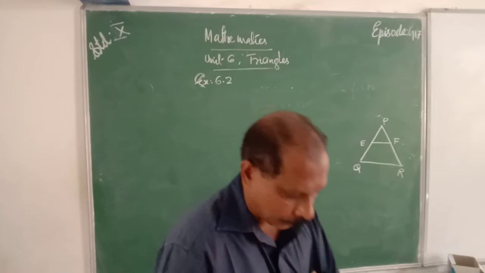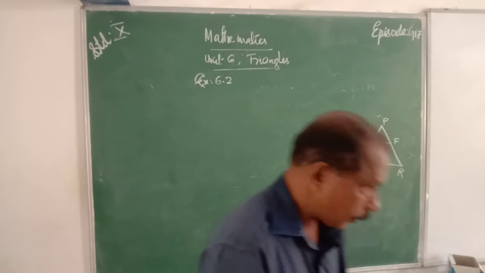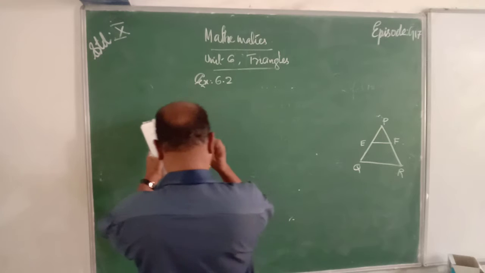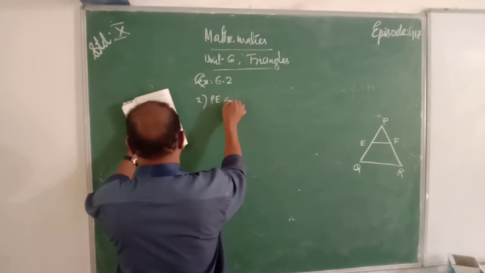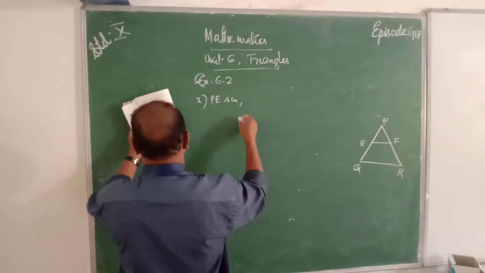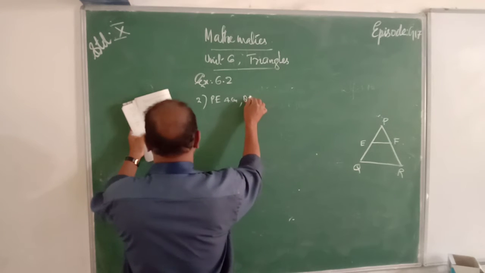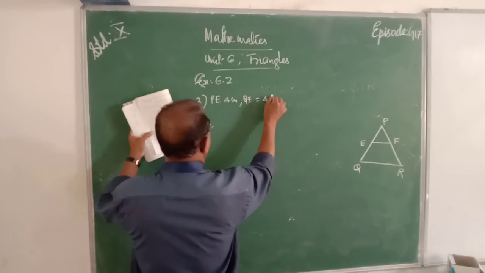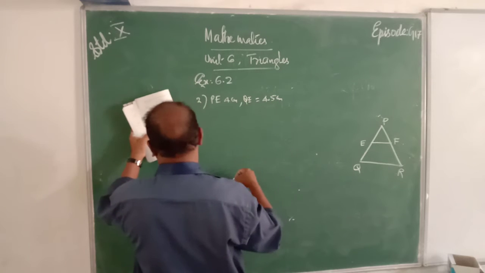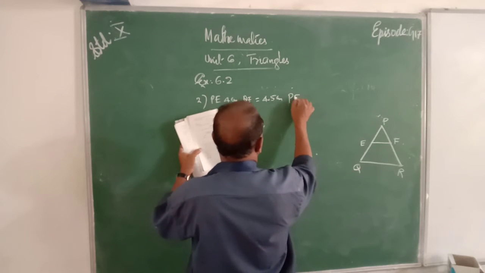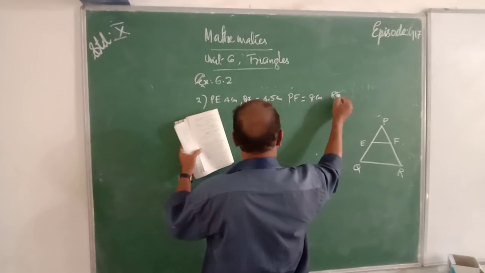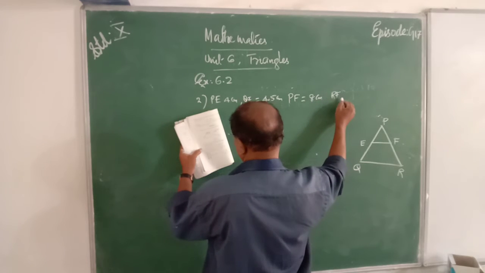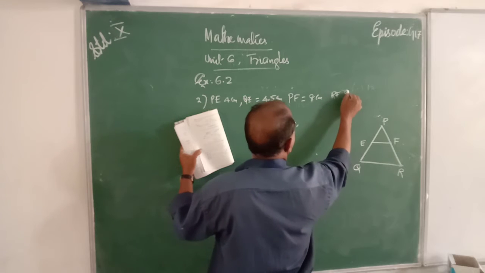Then the second question, question number 2. PE is equal to 4 centimeter, QE is equal to 4.5 centimeter, PF is equal to 8 centimeter, RF is equal to 9 centimeter.